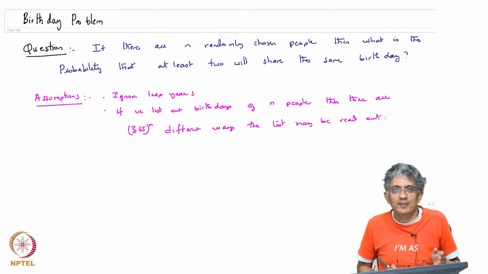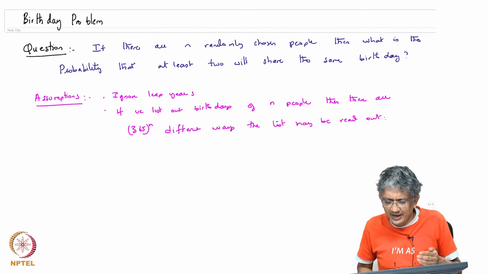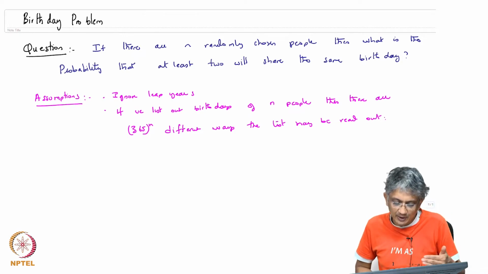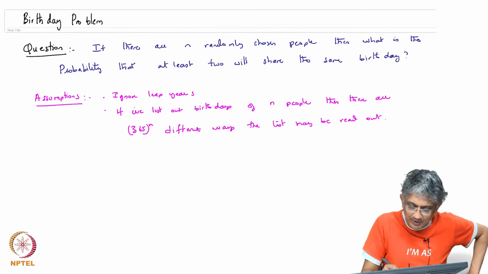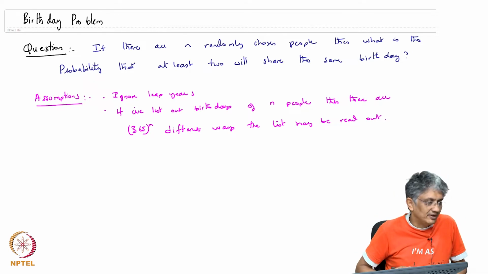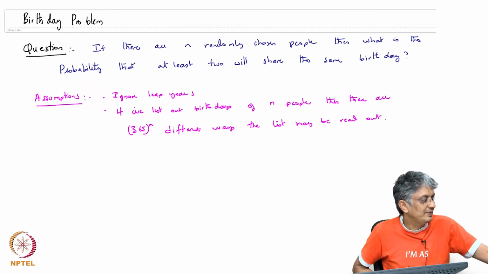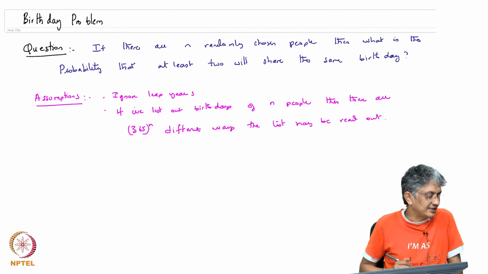Okay, that's the assumption. Everybody is equal: every person is equally likely to be born on any day. So if you write the list out, there are so many possible lists. That's the assumption we'll make. Very good. Let me do some calculations so that we can check the idea.